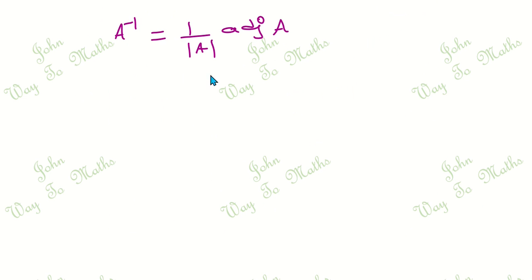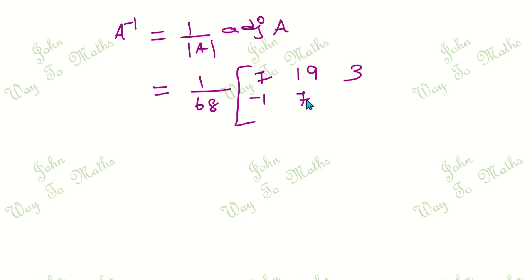A inverse becomes 1 by determinant of A into adjoint of A, determinant of A becomes 68, adjoint of A becomes 7, 19, 3, minus 1, 7, 19, then third row becomes 10, minus 2, 14 is the A inverse matrix.